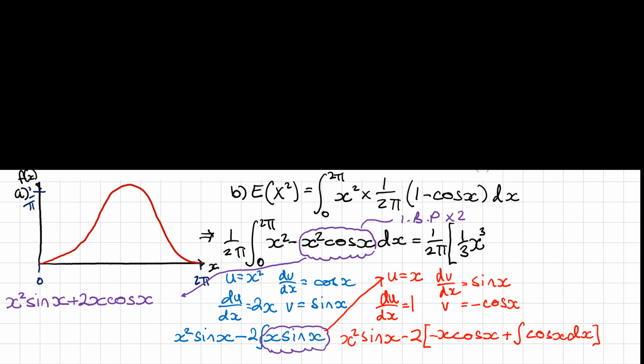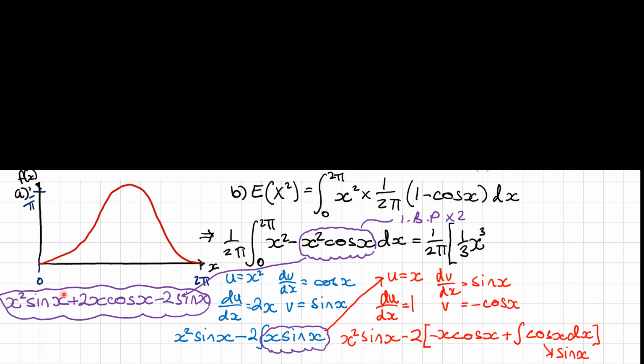And then we know that this bit integrated is going to give me sine x. So then if I finish the rest of the expanding, I'll have minus 2 times sine x, so minus 2 sine x. Okay, so that's the result of this integration.